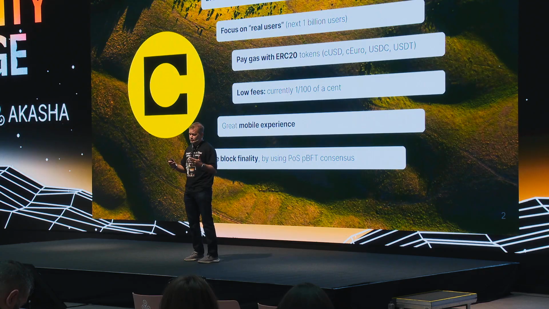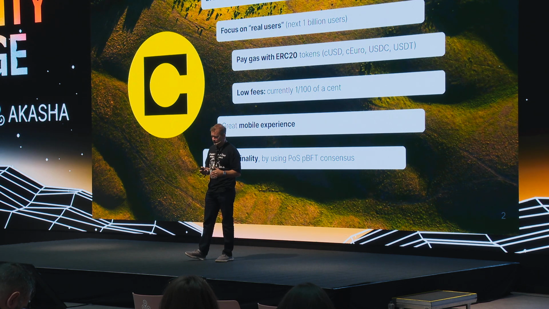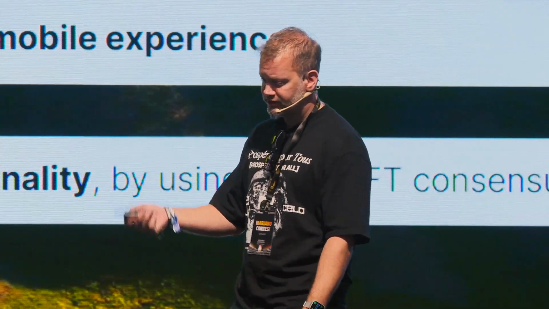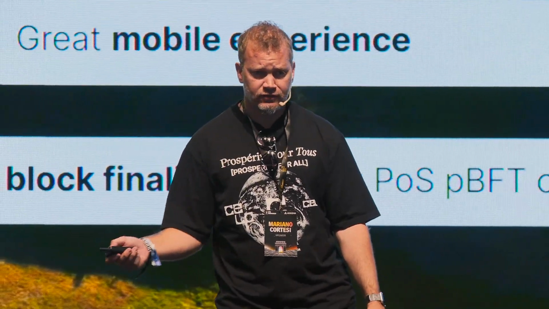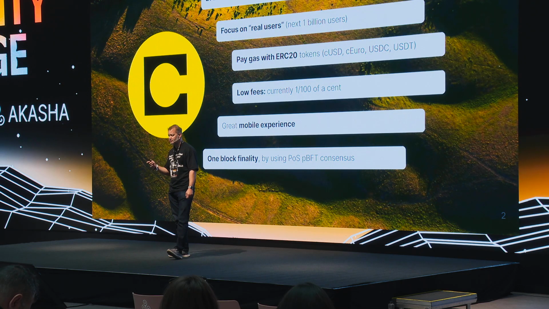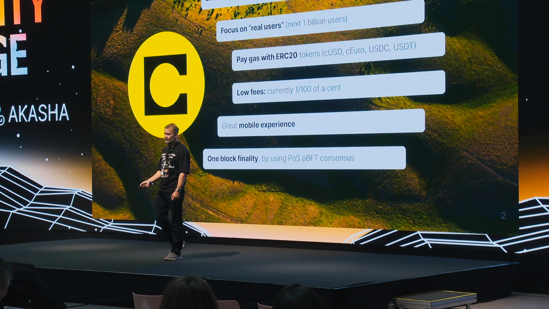And to do that, paying, I don't know, 50 cents for a transaction is actually quite a lot. So you need to do it at a much lower fee. The other thing you're going to need is a great mobile experience. People are going to be using their phones, and not high-end smartphones, just the simplest smartphone you can imagine. And finally, you're also going to want to have one-block finality.